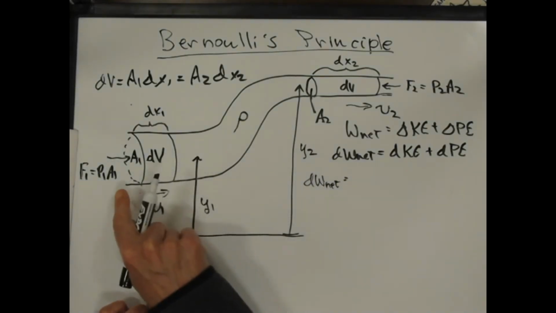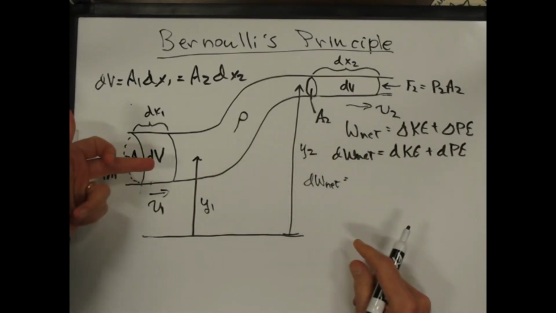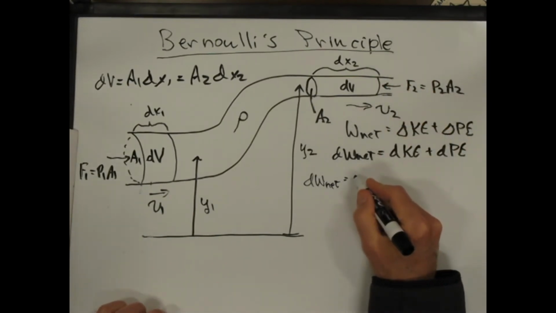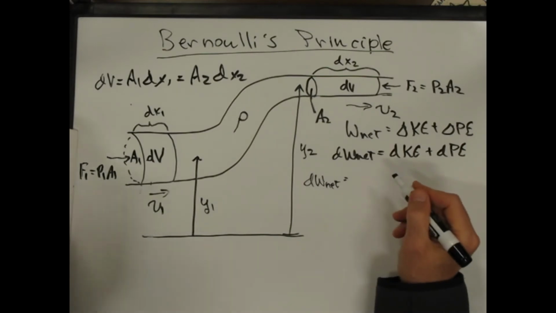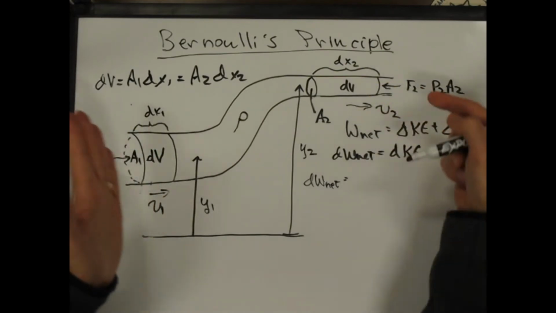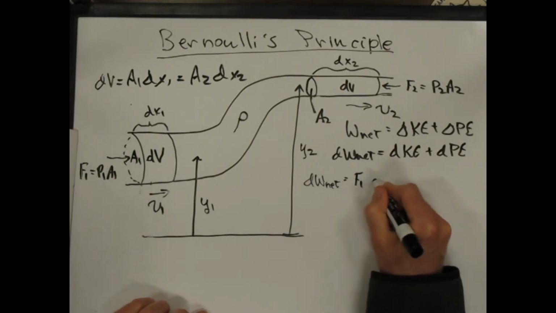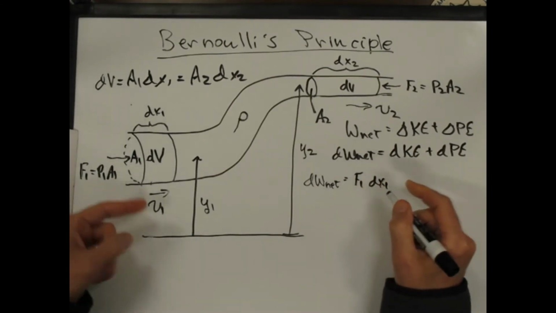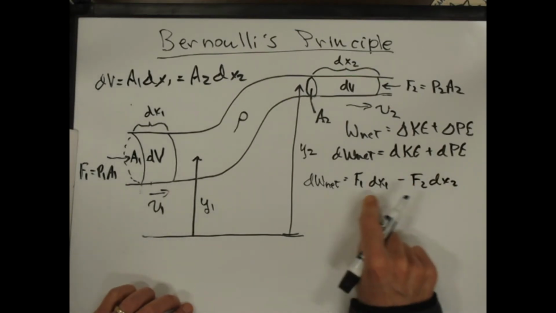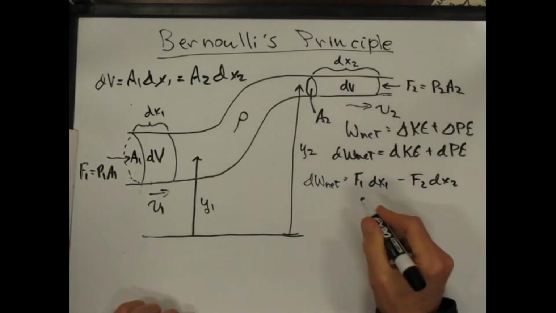And it's the net work done. And so the net work done is the work done by this force acting from behind minus the work done by the force acting in the front. And so the work is just force times distance times cosine theta, but the theta is 0 in this, or 180 degrees in this, and so this will just have a minus sign on it. And so we'll say, look, this is F1 dx1, that's the work done by this guy, minus F2 dx2. That's the net work done by the two forces acting on my little section of fluid as it moves, right?